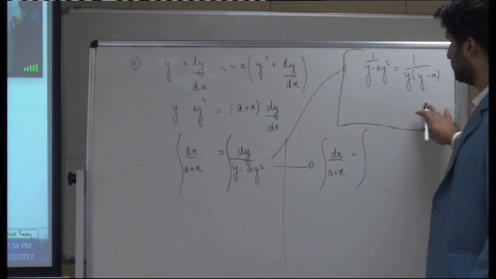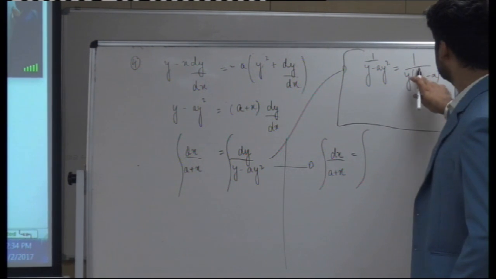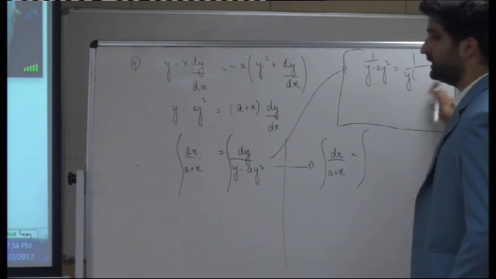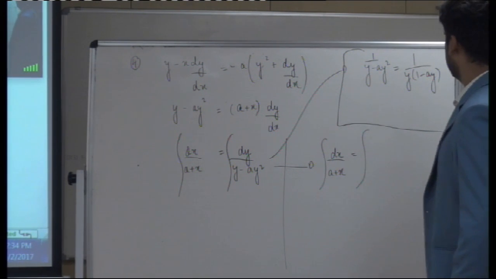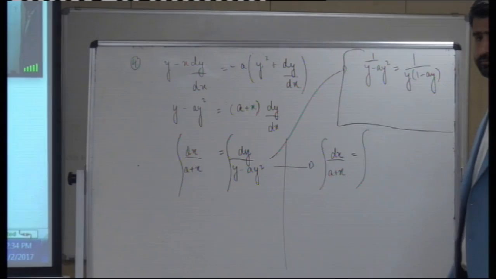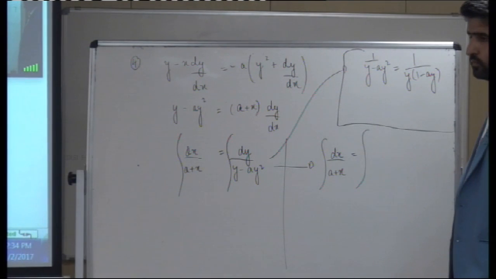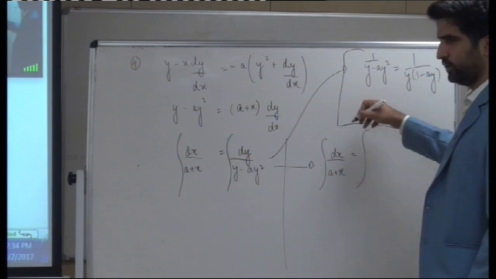No, this is 1 minus ay, right? Okay, sorry. So this is 1 minus ay. So how will you simplify it? Okay, you're doing partial fractions.